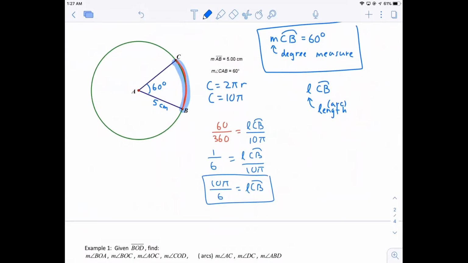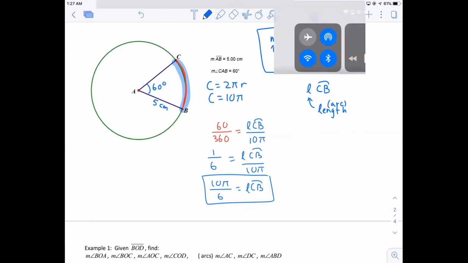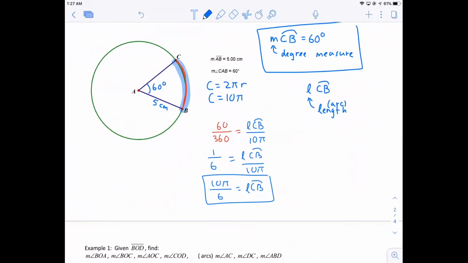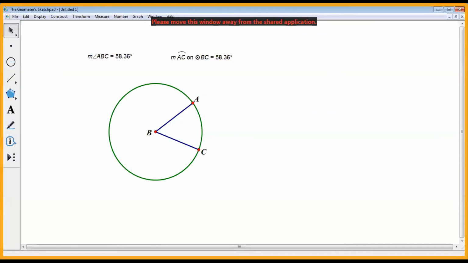So I'm actually going to go back to Geometry Sketchpad for a sec, because I want to show you, in general, a formula we can use to find the arc length. So let me pop back here.